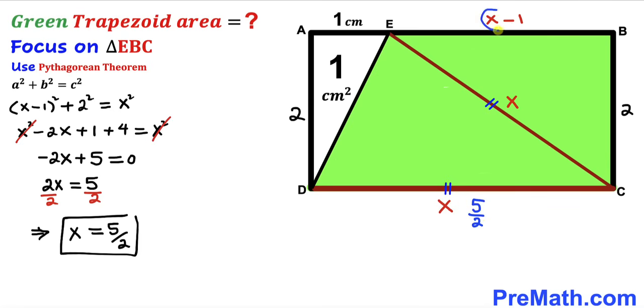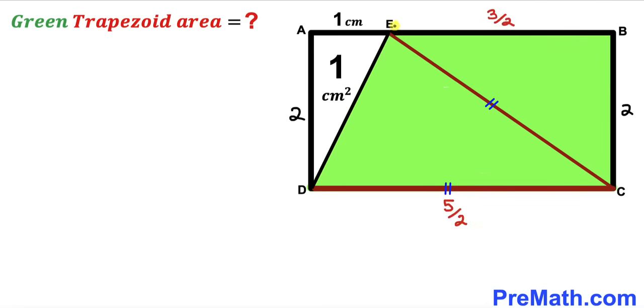Likewise, this x minus 1 value is going to be 5 divided by 2 minus 1, and that is going to be equal to 3 divided by 2. So thus this base of the trapezoid turns out to be 3 divided by 2, and this base is 5 divided by 2. And here's our final step.